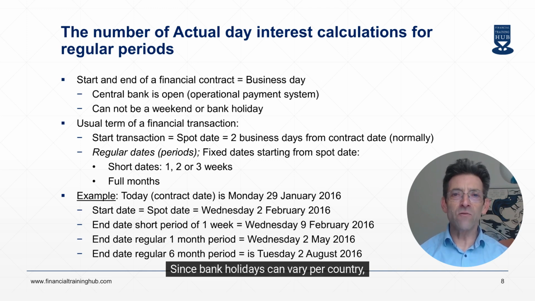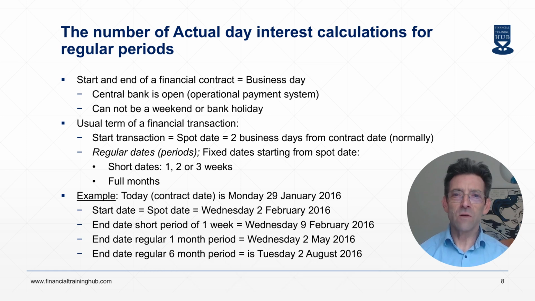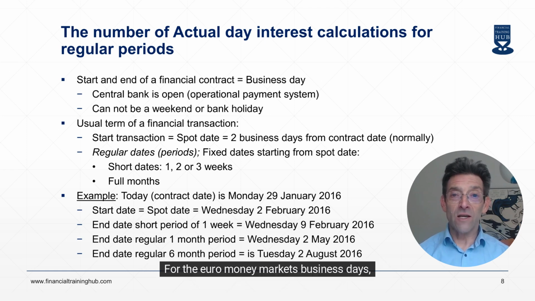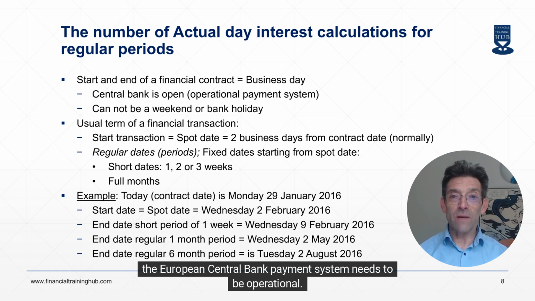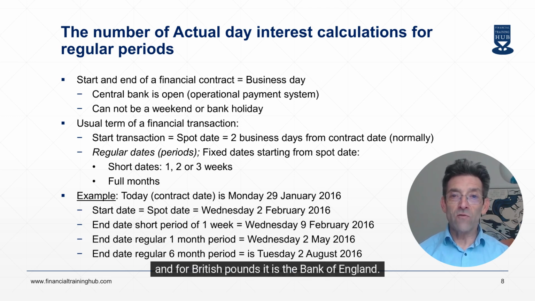Since bank holidays can vary per country, the contract period for the money market financial contract can differ per currency. For the Euro money market's business days, the European Central Bank payment system needs to be operational. For US dollars, it is the Federal Reserve, and for British pounds, it is the Bank of England.